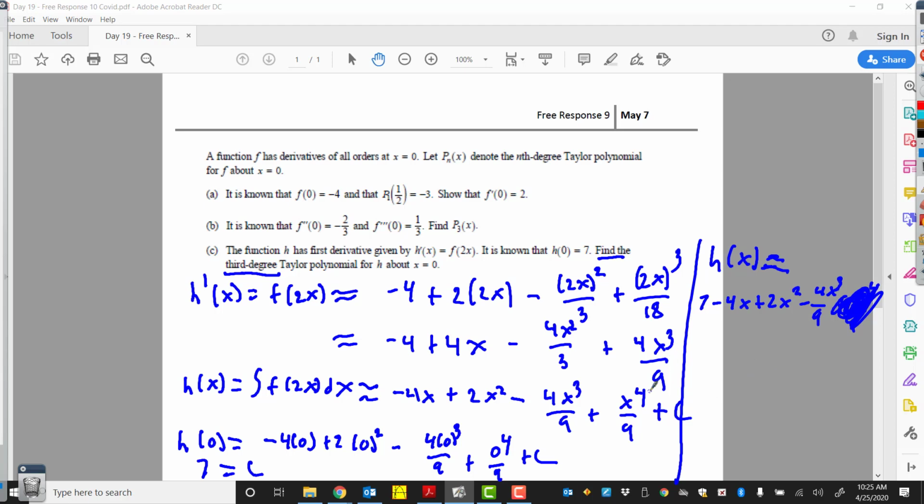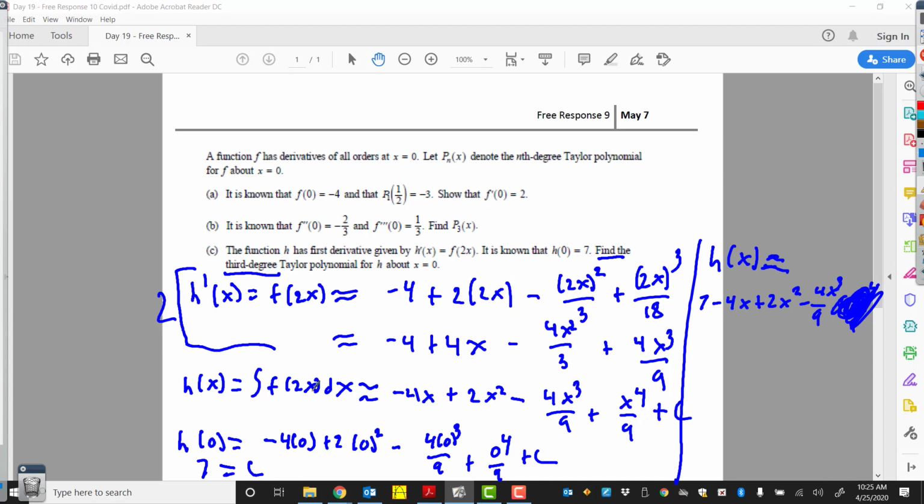All right, 3 or 4 points for this part. 2 points for applying this right here. So making sure you plug in 2x into this Taylor polynomial. If you didn't plug in the 2x, you would not have gotten those 2 points. Like if you just used the Taylor polynomial you got from part B without the 2x, you would not have gotten those points.